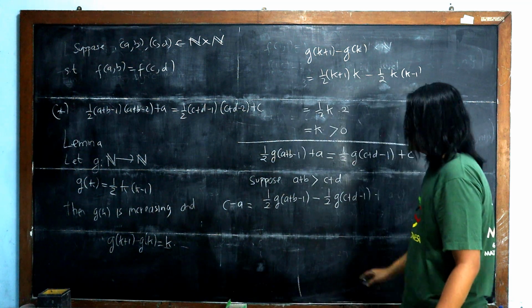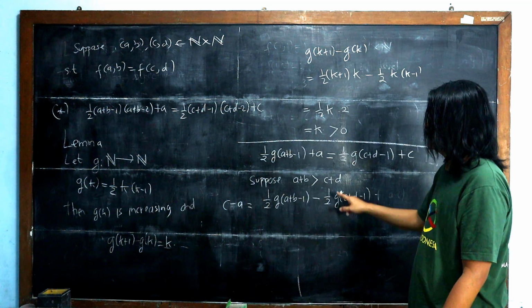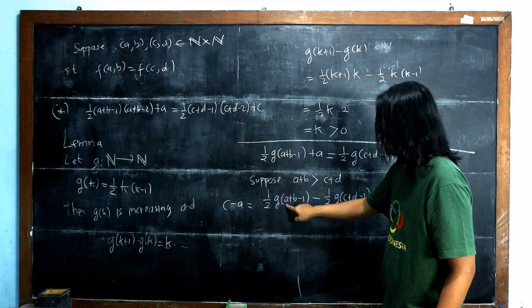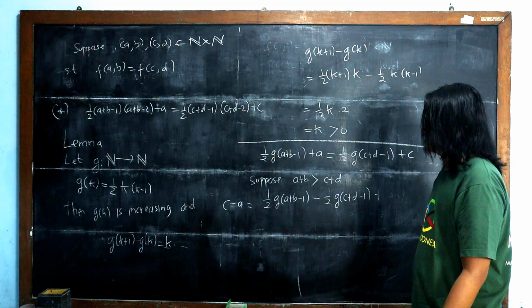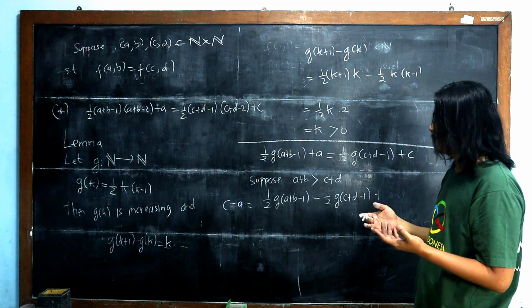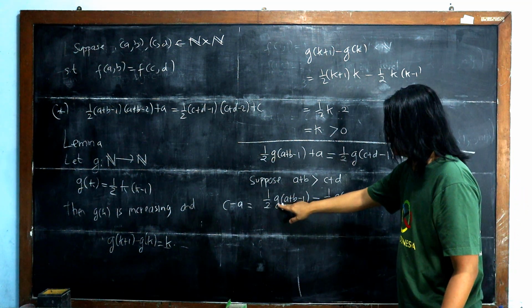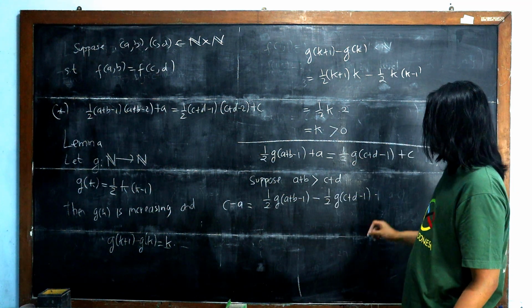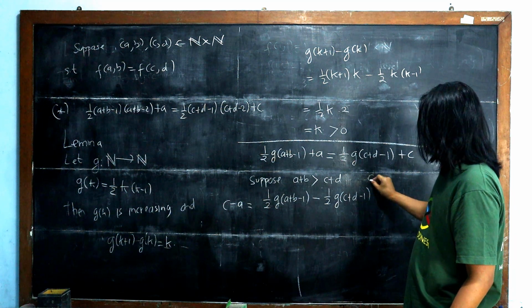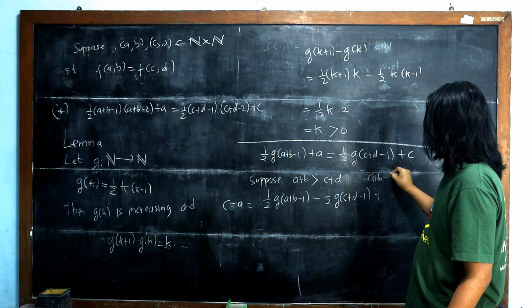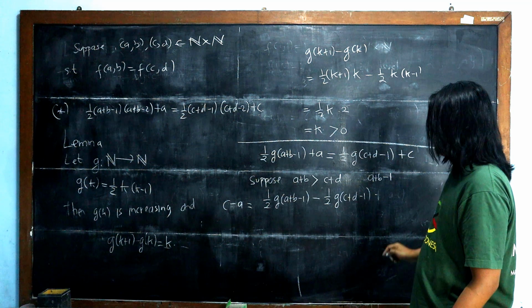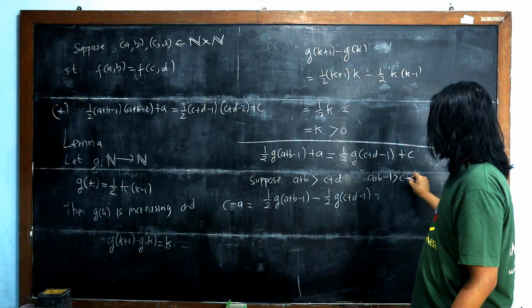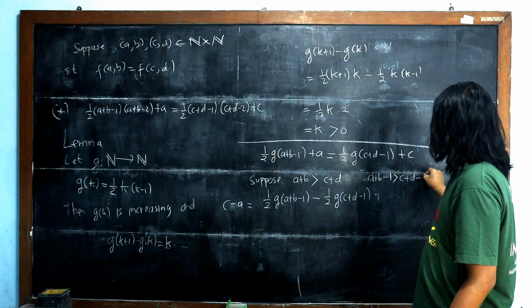Okay. Now, since a plus b is greater than c plus d and the g function is increasing, g of a plus b minus 1 is greater or equal to g of c plus d.